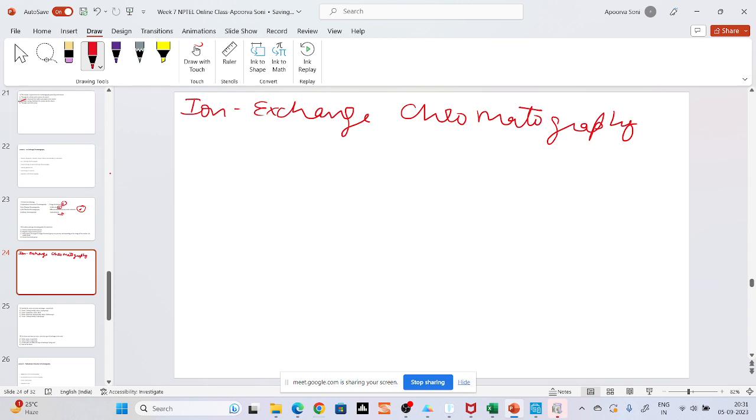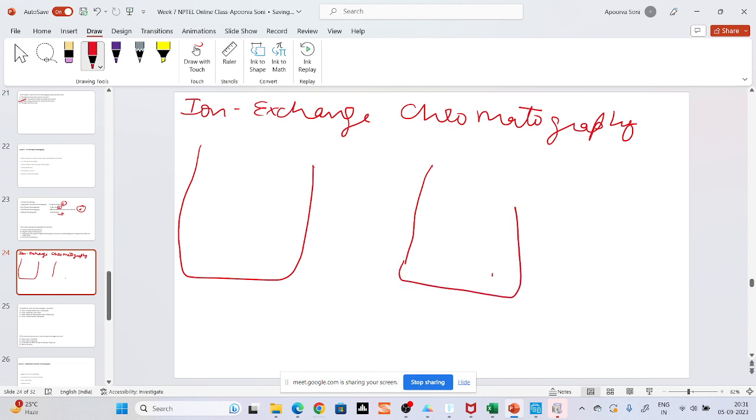Okay. So if these are my two columns, and this is my matrix. My matrix has molecules which are positively charged. And this matrix has molecules which are negatively charged.